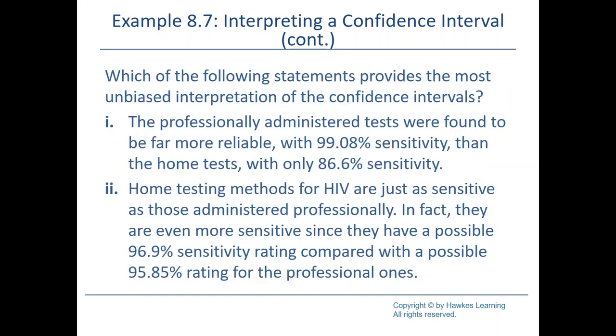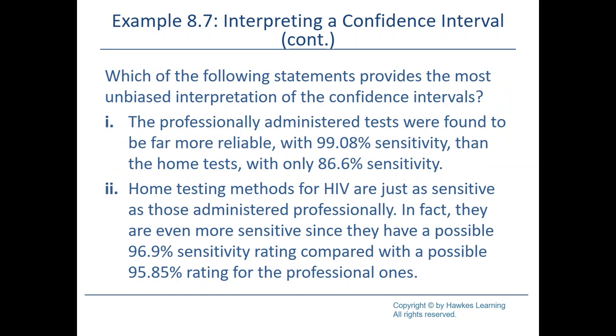So based upon this, which of the following statements provides the most unbiased interpretation of a confidence interval? We can say either A, professionally administered tests were found to be far more reliable with 99.08% sensitivity than the home test with an 86.6% sensitivity.